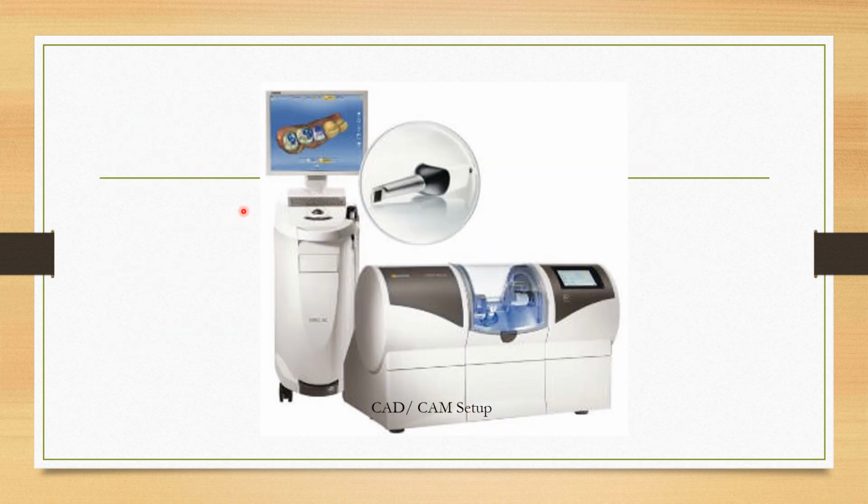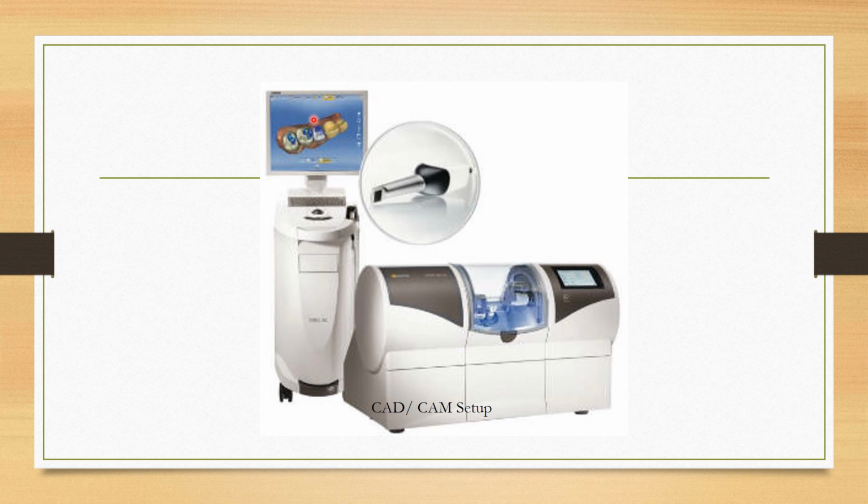Okay, so you can see that this is a CAD-CAM setup. CAD-CAM consists of a monitor, a scanner, and a milling machine. So this is the CAD and this is the CAM. And this is the scanner. Once you take the scanner, you scan in the patient's mouth.